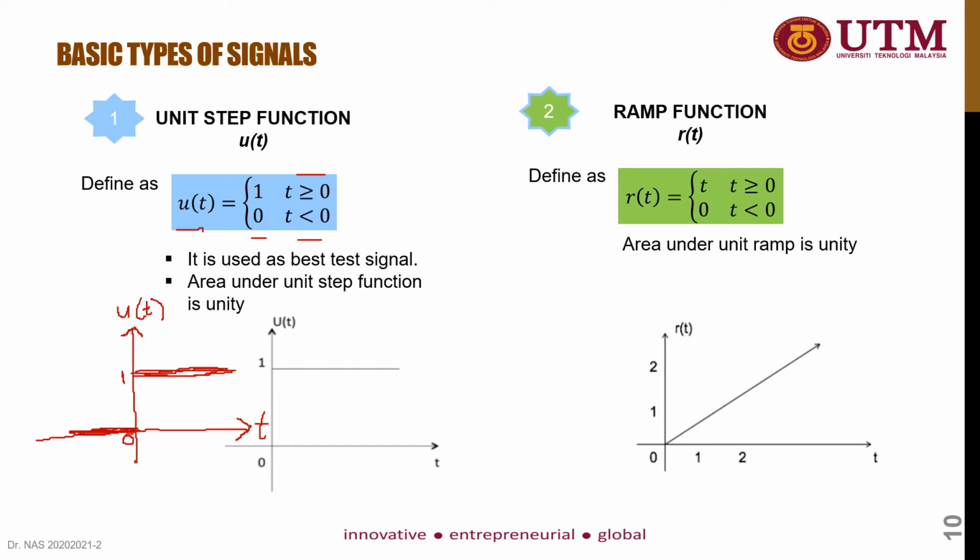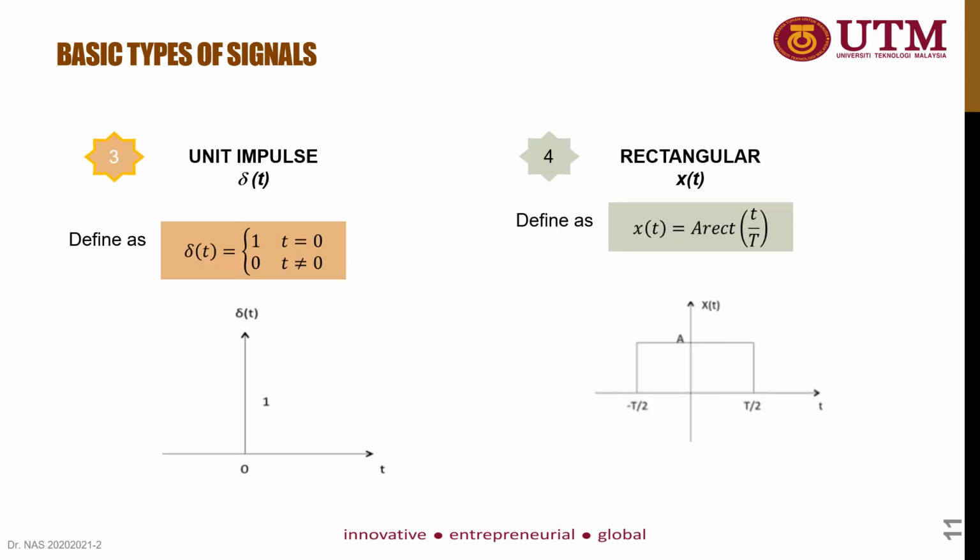And then what is a ramp function? The ramp function is given as r(t), or you can use a different notation as well, but the amplitude will be 0 when t is less than 0, and the amplitude will be t when t is larger than or equal to 0. And then what is unit impulse?